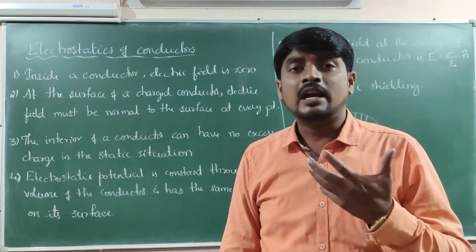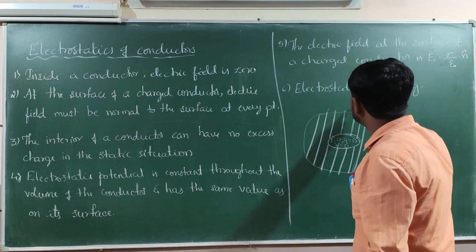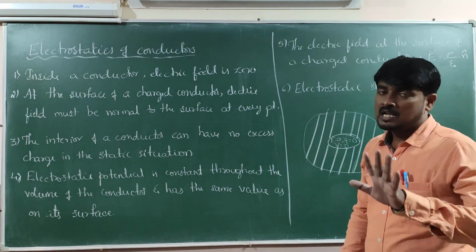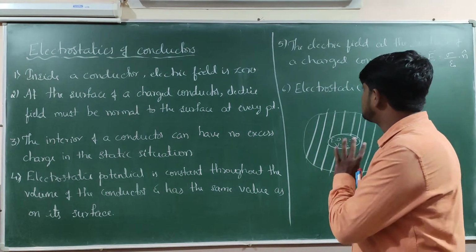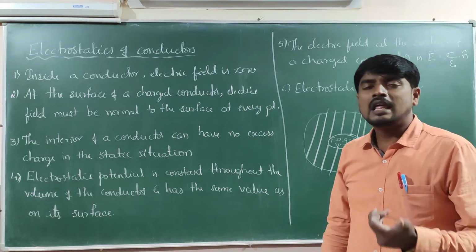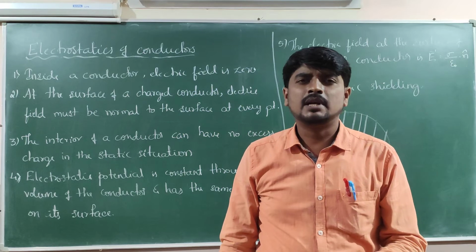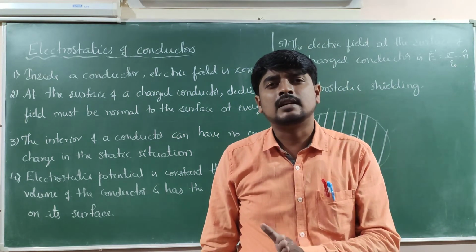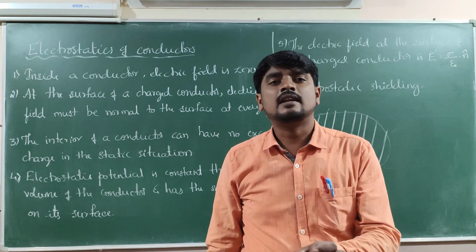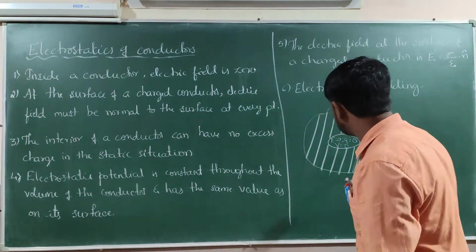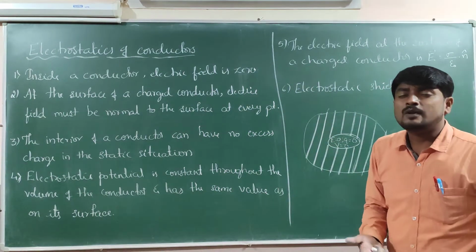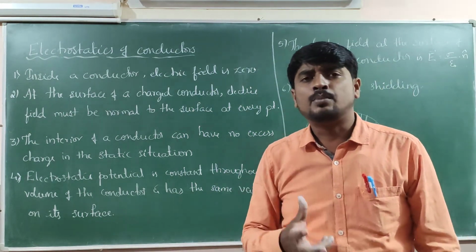In which situation are we using this electrostatic shielding? Friends, as far as 1 mark is concerned, this is a very important definition. Define electrostatic shielding. Very simple definition: it is protecting a certain region of space inside the conductor. So at what condition are we using this phenomenon?